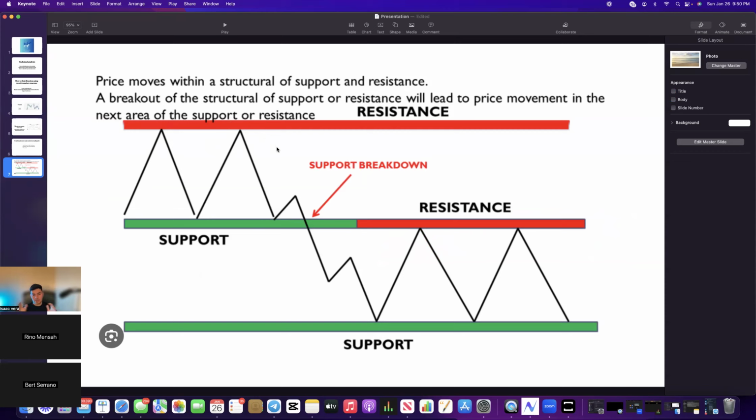It's the clearest picture of what I'm trying to explain when I mean breaking support or resistance. Remember that I'm going to give you guys this PowerPoint. I'm going to put it in the Discord or the Telegram group chat, or probably both, so you guys have this for the record.